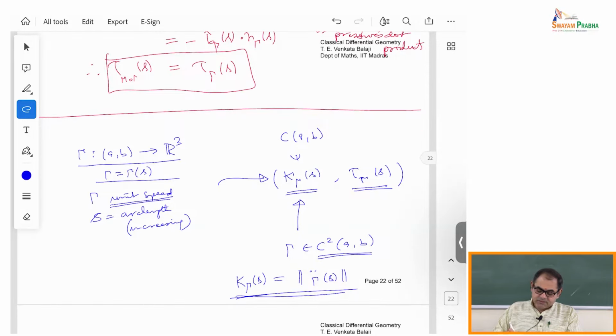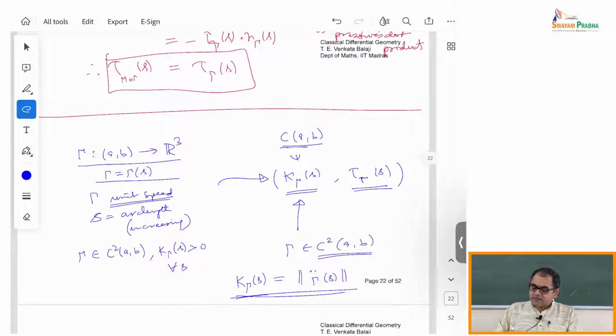So therefore, moral of the story is I need the conditions. So let me put the conditions from the right to the left. You see, I want gamma to be in C2AB. Then I want the curvature to be never vanishing, which means it has to be positive. So k gamma of s should be always positive for all s. Okay, all right. So that means what?